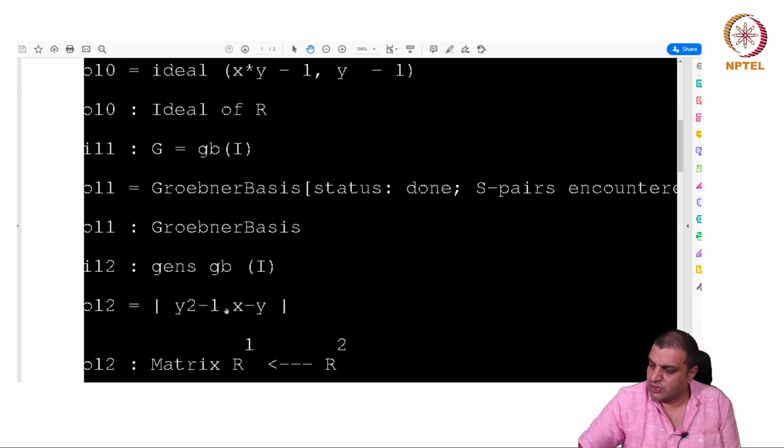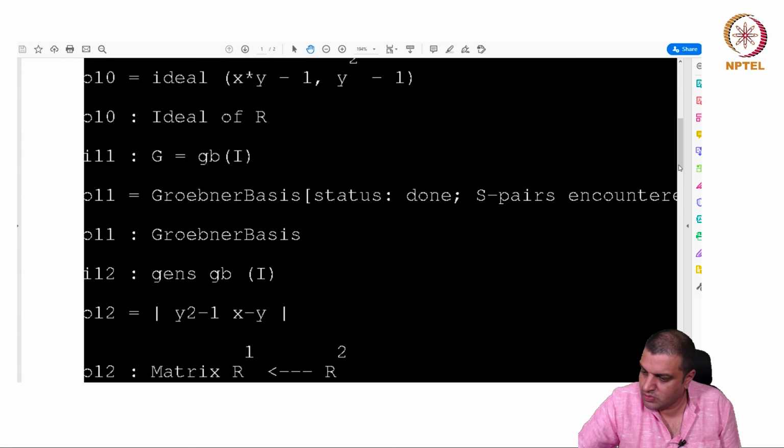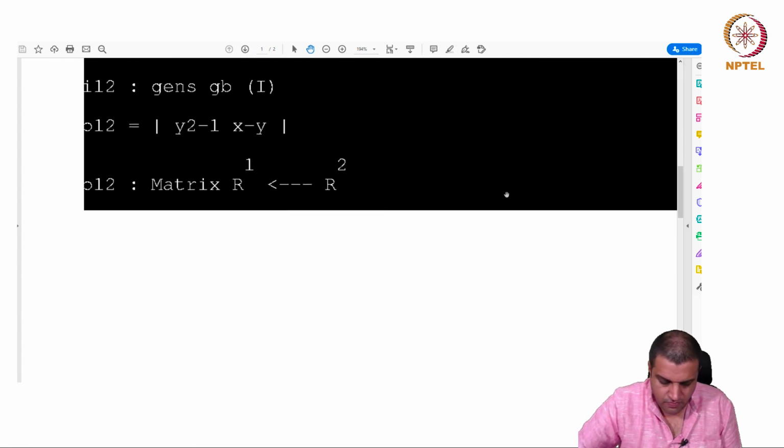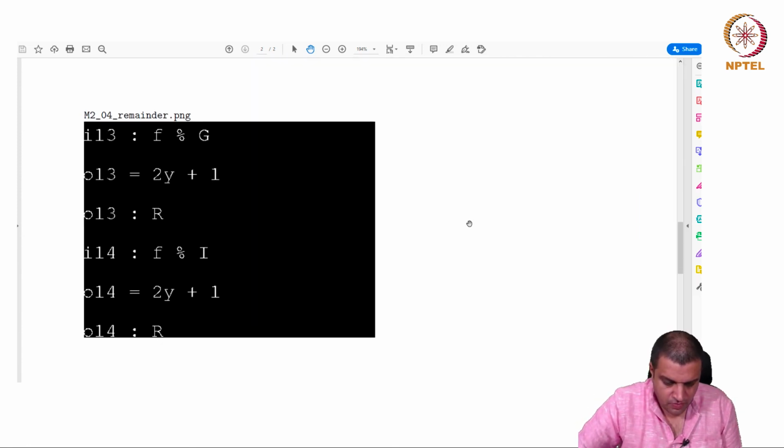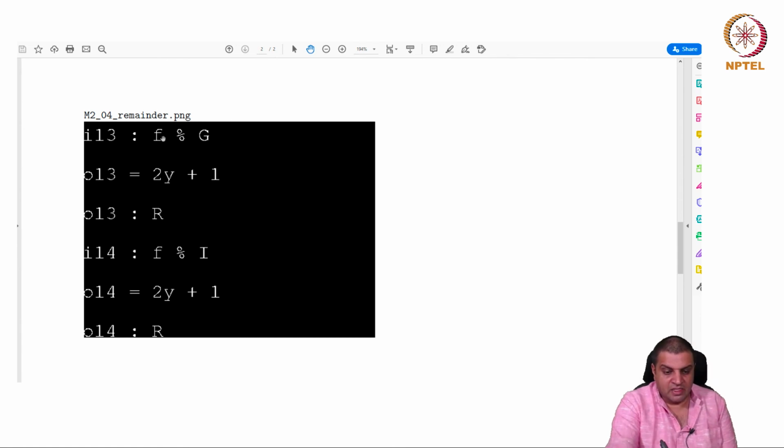Okay. So now let's look at some ideal membership tests. The same f from the last lecture, which was x squared y plus y squared x plus y squared, and the symbol is the percent sign to reduce modulo a Gröbner basis. We can do it in two different ways.